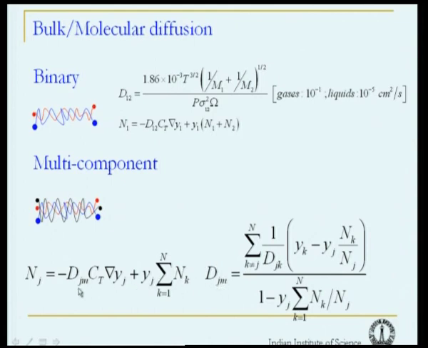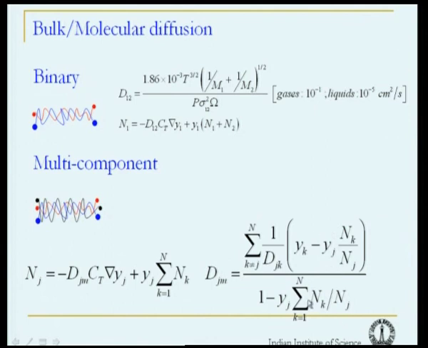What is this effective diffusion coefficient DJM in the mixture? One can show it is related to the composition of the mixture, so mole fraction Y, and this formula with Nk by Nj and so on.